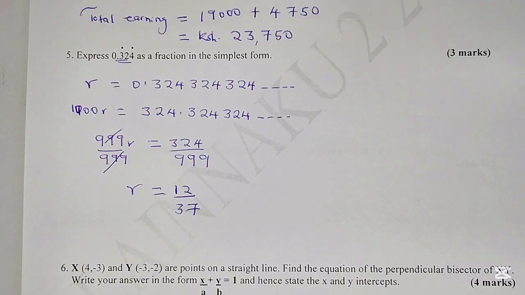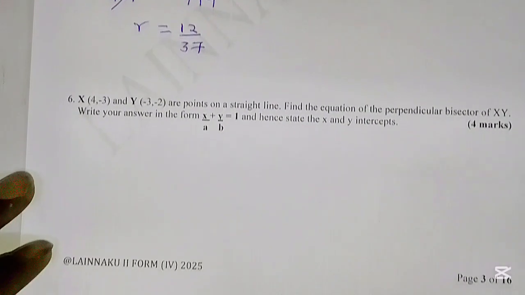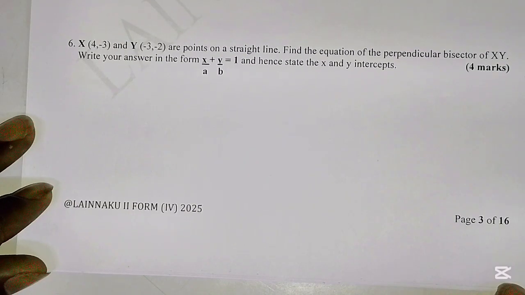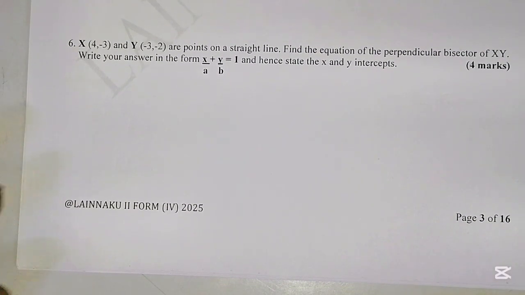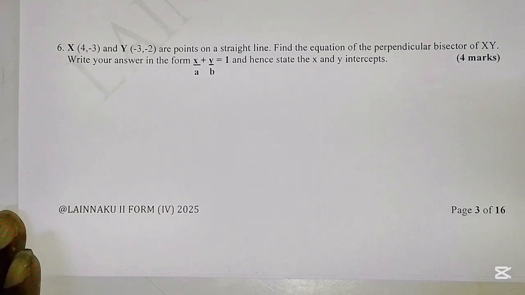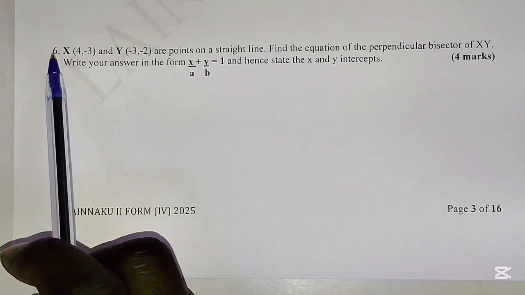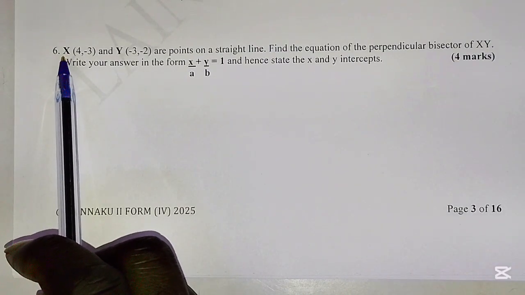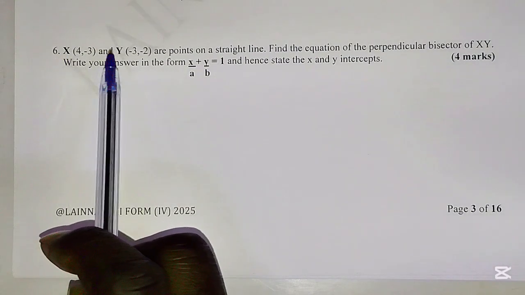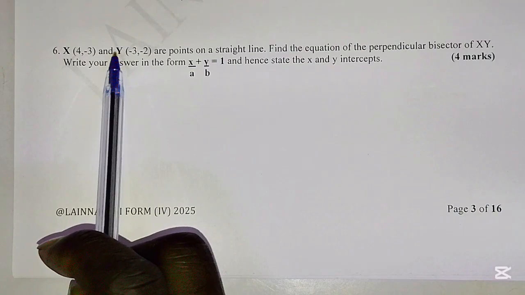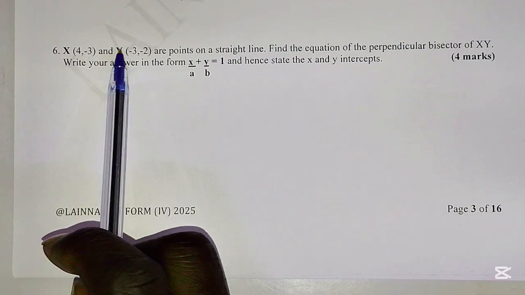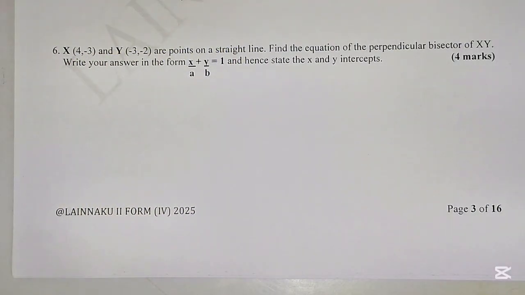Now, next, it is the concept of equations of a straight line. So the equations of a straight line, how do we tackle this? You've been told that there is a point X and there is a point Y, and there are points on a straight line.